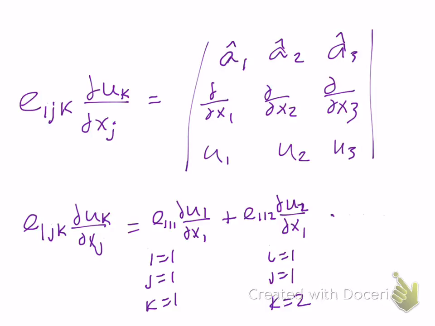Does that make any sense? If you write all of this out, the rules of this alternating symbol are that it's equal to 1 when i, j, and k go up in value from 1 to 2 to 3, or from 3 back to 1 to 2.